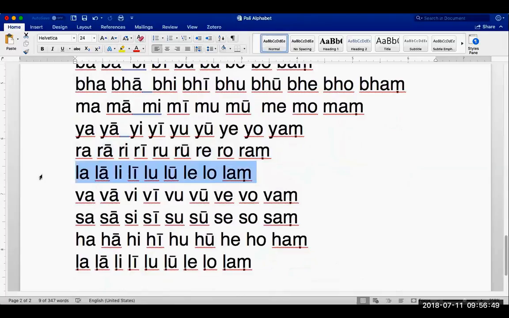La, li, lu, le, lo, lang. Wa, vi, wu, we, wo, wang. Sa, si, su, se, so, sang.